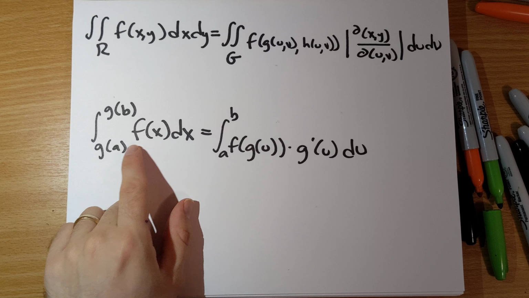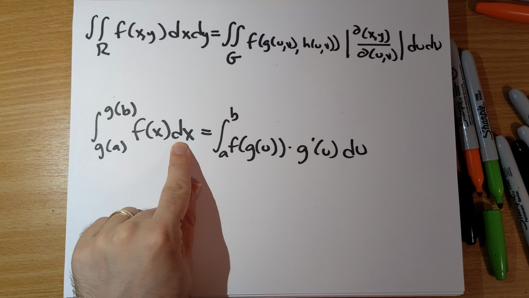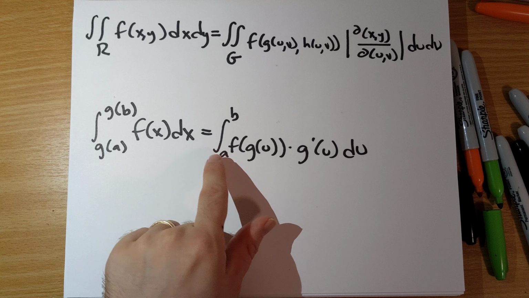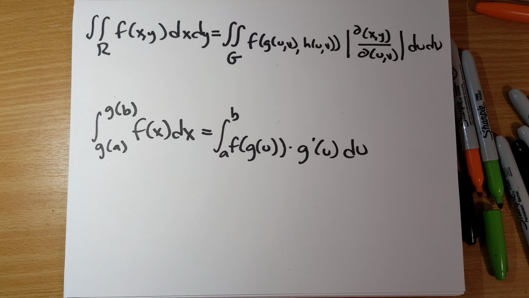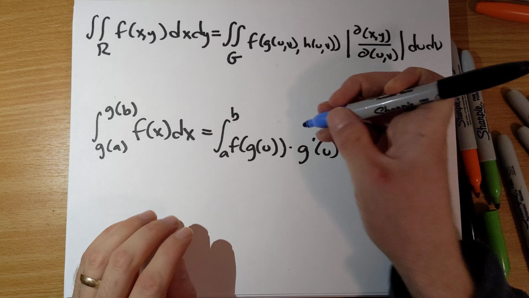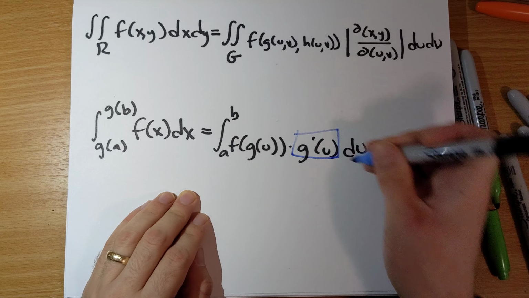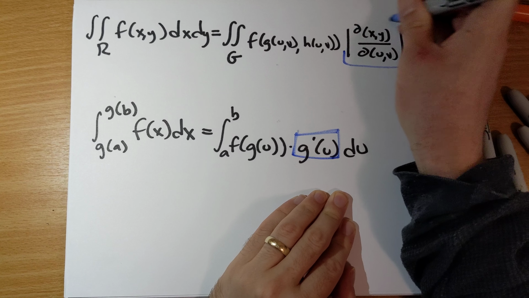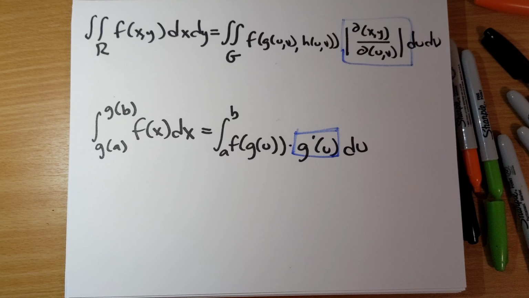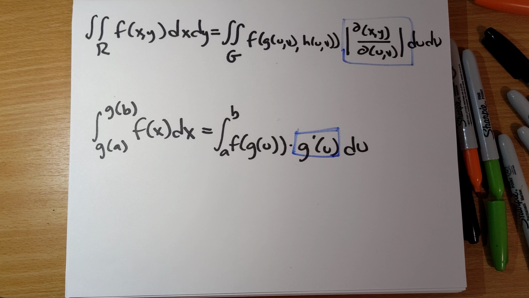The integral from g of a to g of b of f of x dx is equal to the integral from a to b of f of g of u times g prime of u du. So realize what's going on here. This g prime of u, that's the derivative of our transformation, or derivative of our map here. That factor gets thrown in just like the absolute value of the Jacobian gets thrown in here as well. And this makes sense.